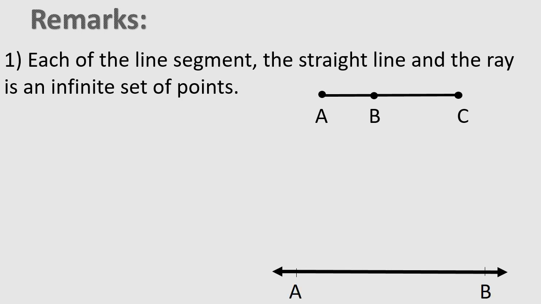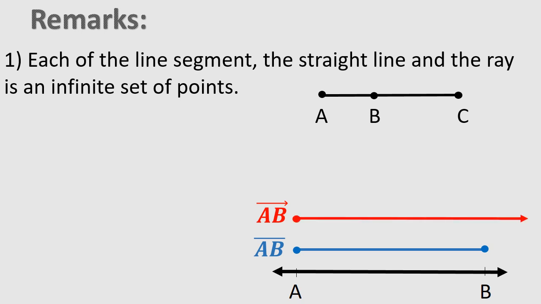The straight line AB, I put here 2 points to read this straight line. Note that the line segment AB is a subset from this straight line, and the ray AB also is a subset from the straight line.